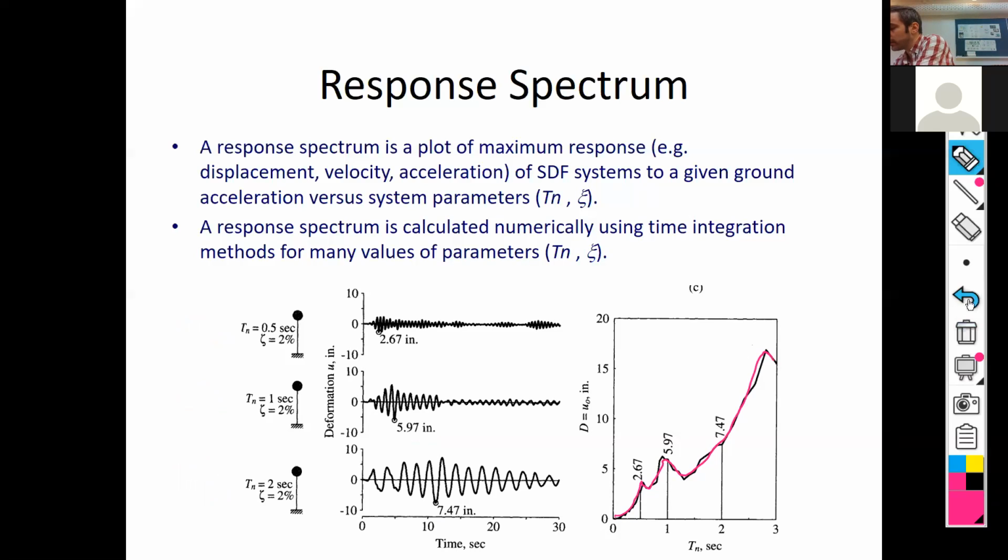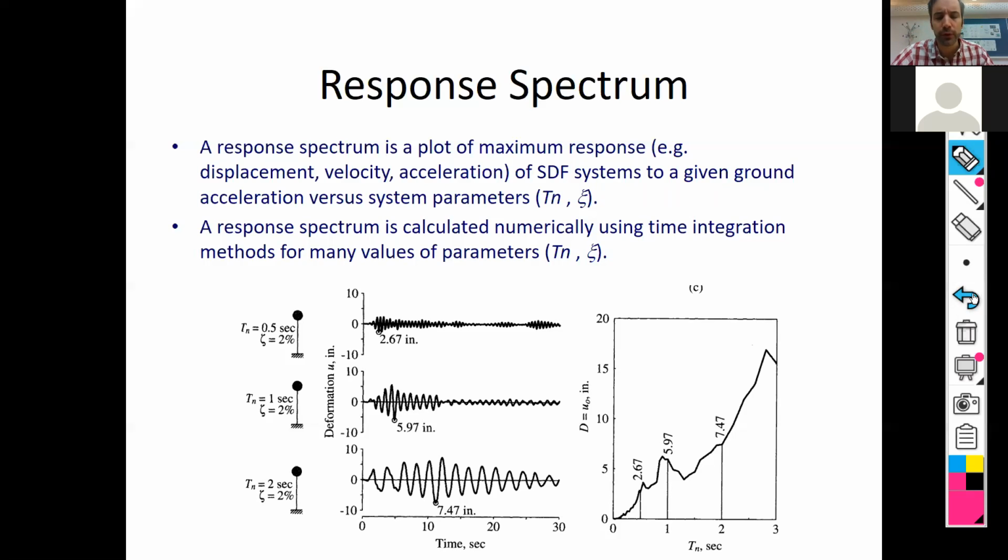That line represents the maximum displacement for a given earthquake for structures of different periods of vibration, okay?